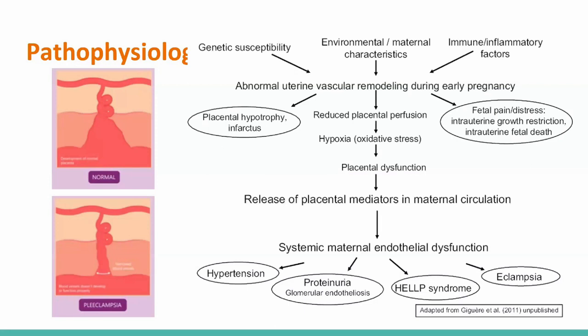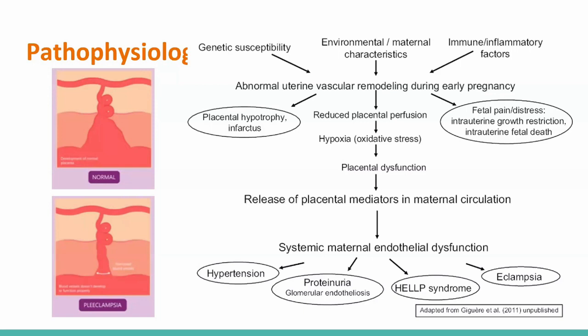There are about 2 rounds of normal uterine vascular remodeling that occur in early pregnancy with the development of the placenta. The first happens very early in the first trimester, and the second around 18 weeks, just after the first trimester. This 18-week one is seen as the more important one in the development of pregnancy-induced hypertension.